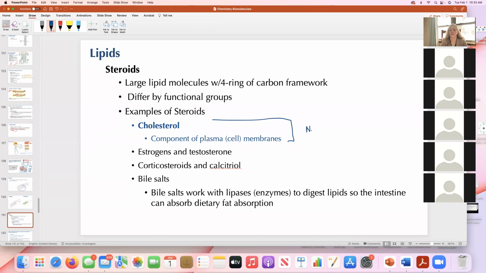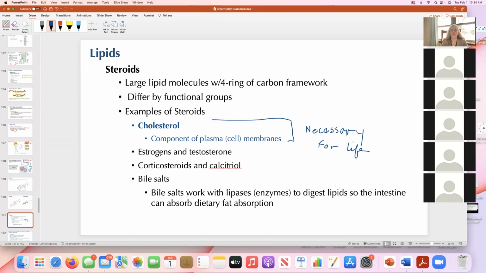Necessary for life. No cholesterol, no life. It gets kind of a bad name, right?